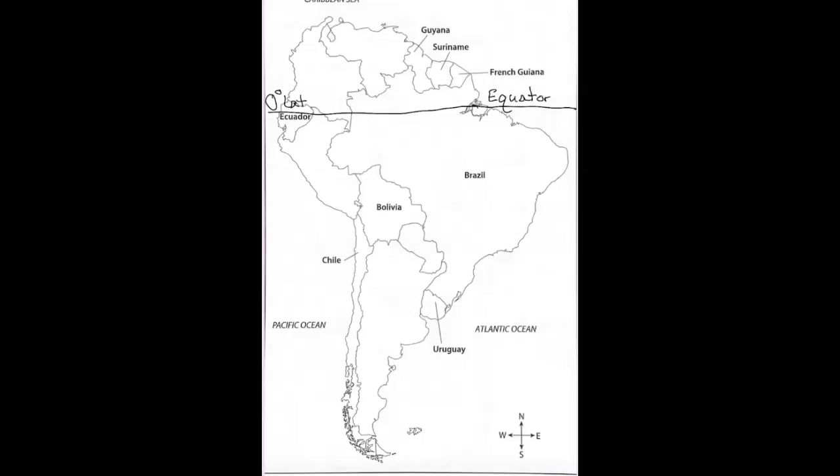The next thing we're going to label, and I'm going to use brown for this, we're going to label the Andes Mountains. And I'm going to start my key down here at the bottom. The way that we label mountains on a map is just like a little, it looks like a mountaintop. And I'm going to write Andes, and I'm going to abbreviate MTS period for mountains.